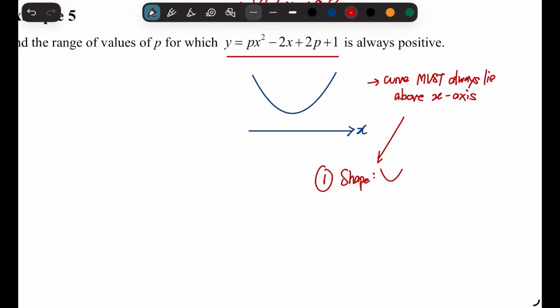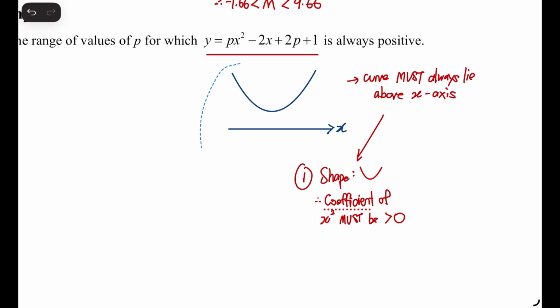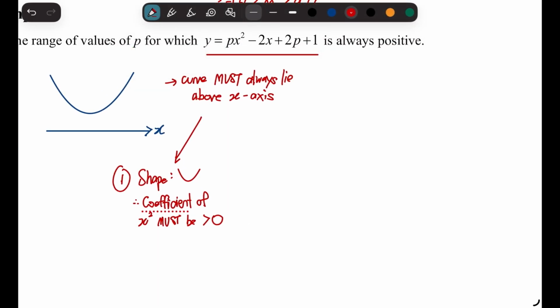For a smiley face graph, the coefficient of x squared must be positive, must be more than 0. And the second condition: there's one more condition for a curve to be always positive.